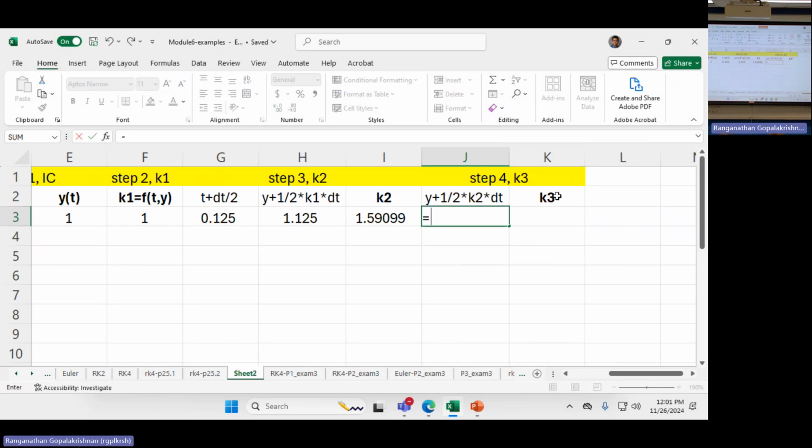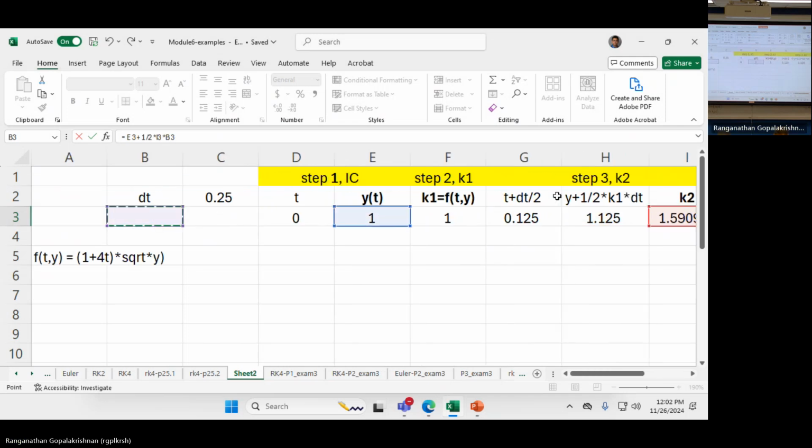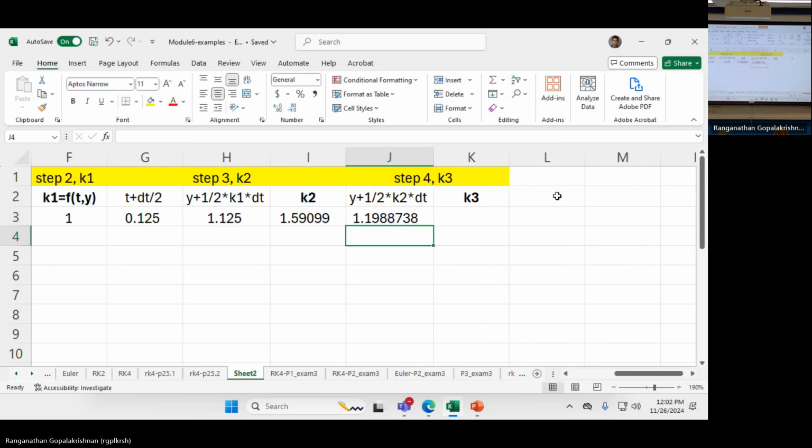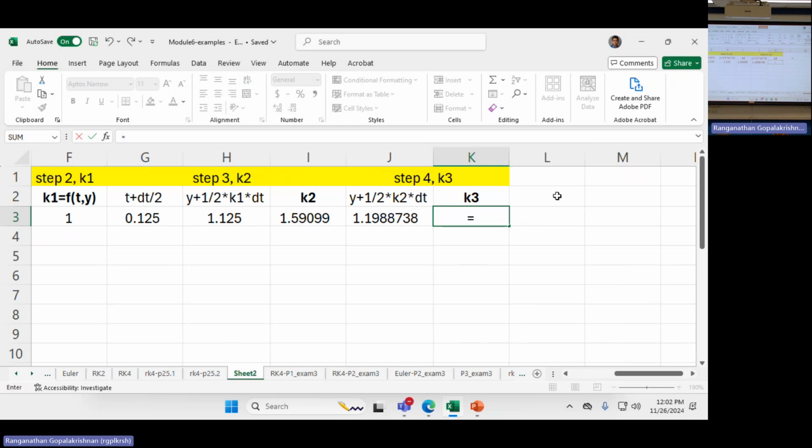So this is whatever y is plus half times K2 times dt. And K3 is evaluating the function 1 plus 4 times t times square root of y.